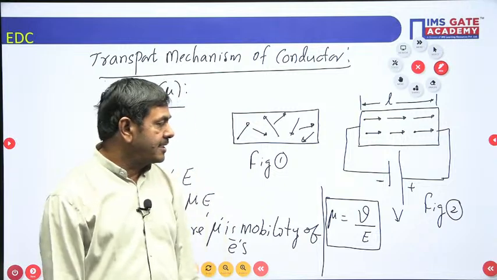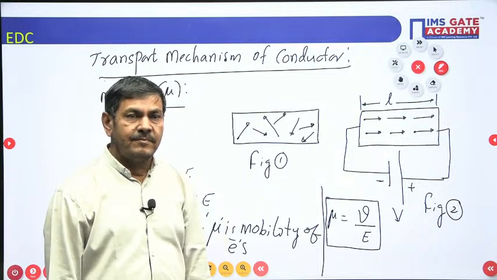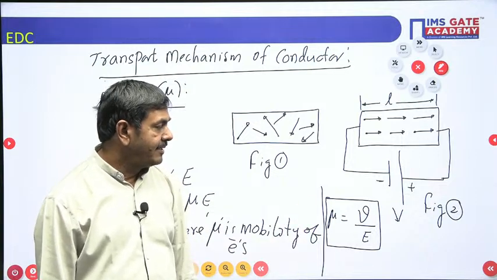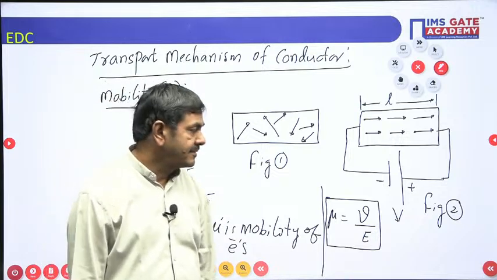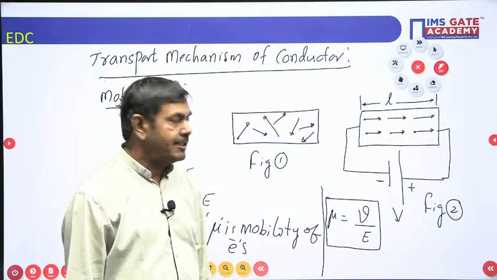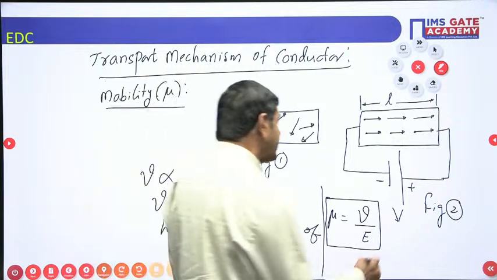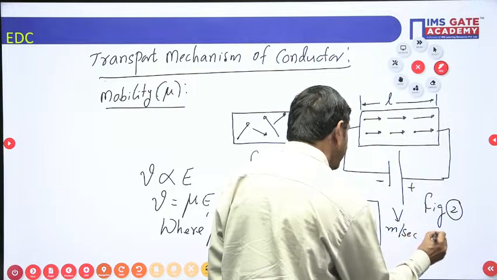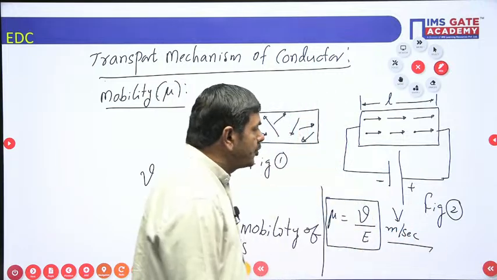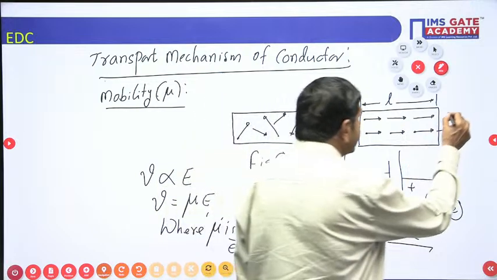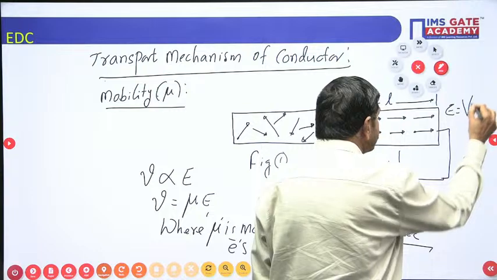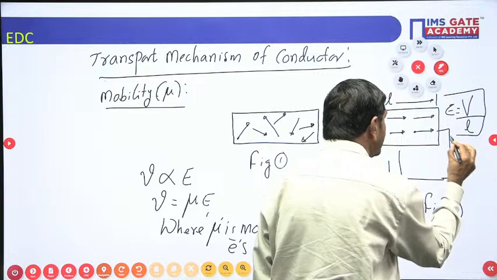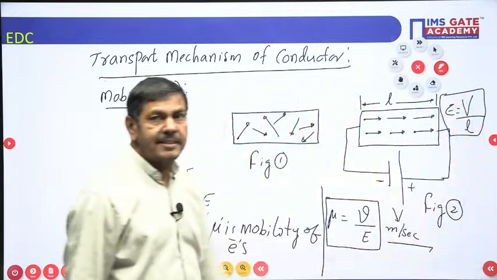Sometimes in electronic devices and circuits, units are also asked. Without knowing the units, we can't do anything now. What are the units of the mobility? Velocity means, you know, meters per second, otherwise centimeters per second allowed now. I am taking meters per second now. But electric field intensity, you know very well, is calculated by voltage by distance between the 2 points of the conductor, V by L generally used: voltage by length of the conductor.